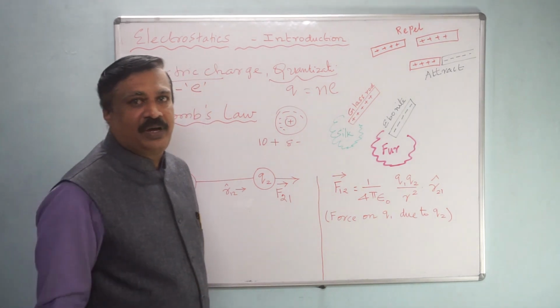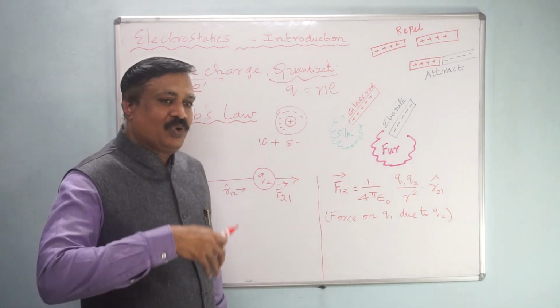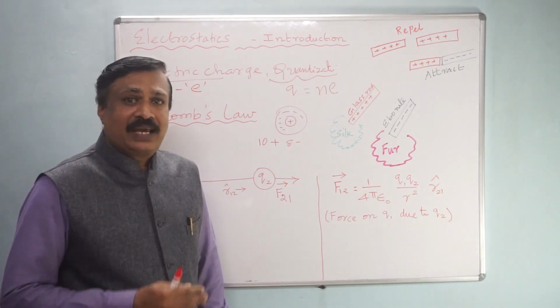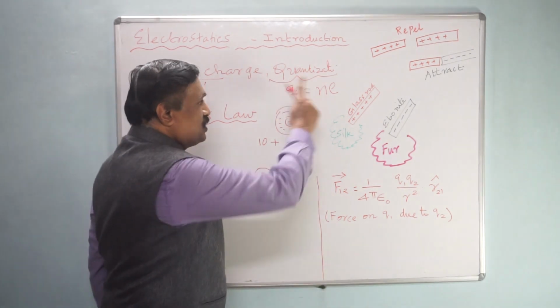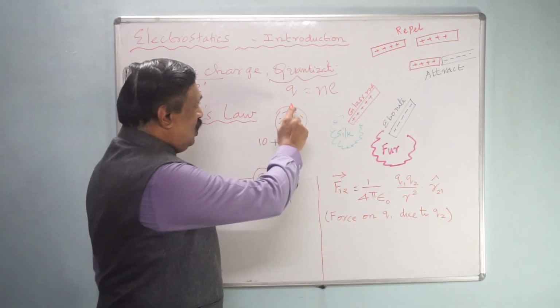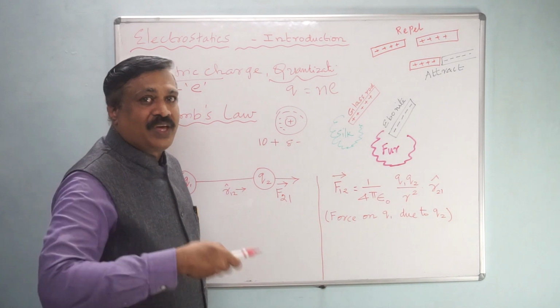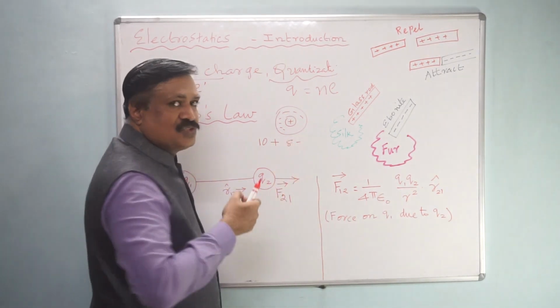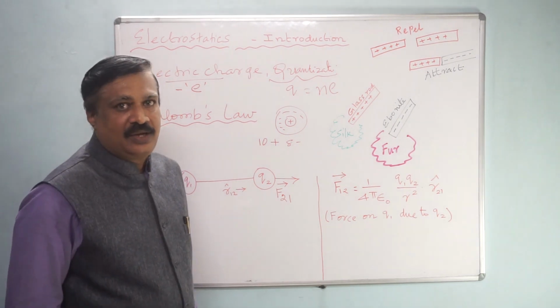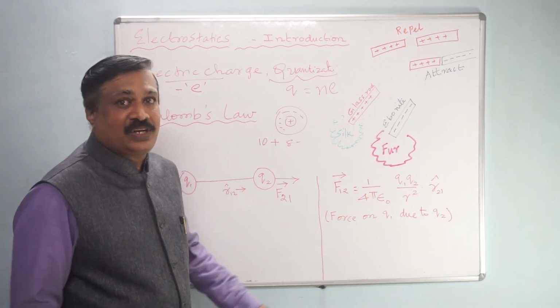It can have 1 electron, 2 electrons, 5 electrons, 10 electrons, but it cannot have half an electron. That is called quantization. Q is a charge in which the electrons are in multiples of an integral number, n is 0, 1, 2, 3. If n is 0, there is no electron, and it is neutral.